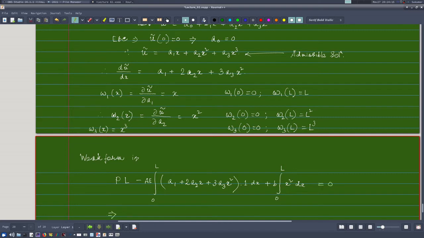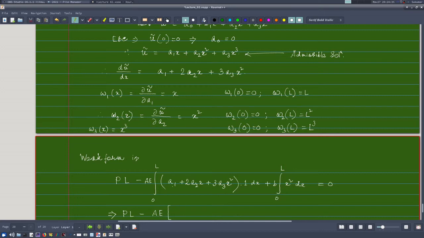So from here, PL minus AE into the integration, which is pretty easy.